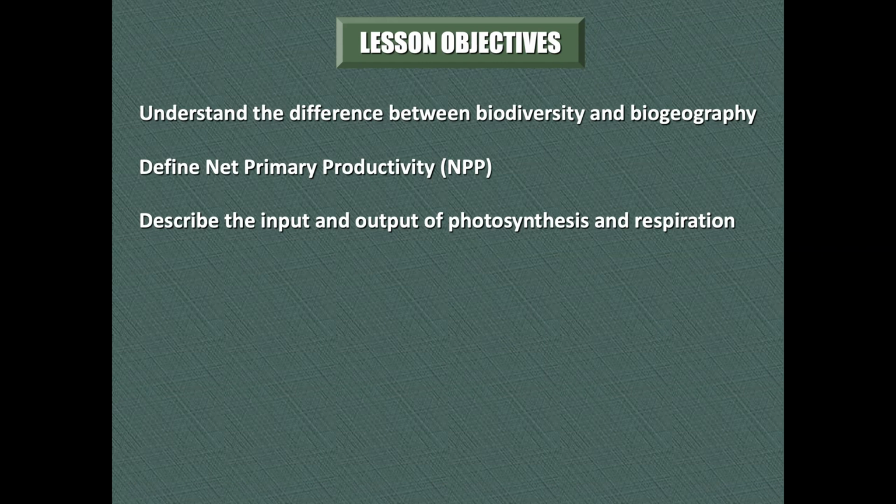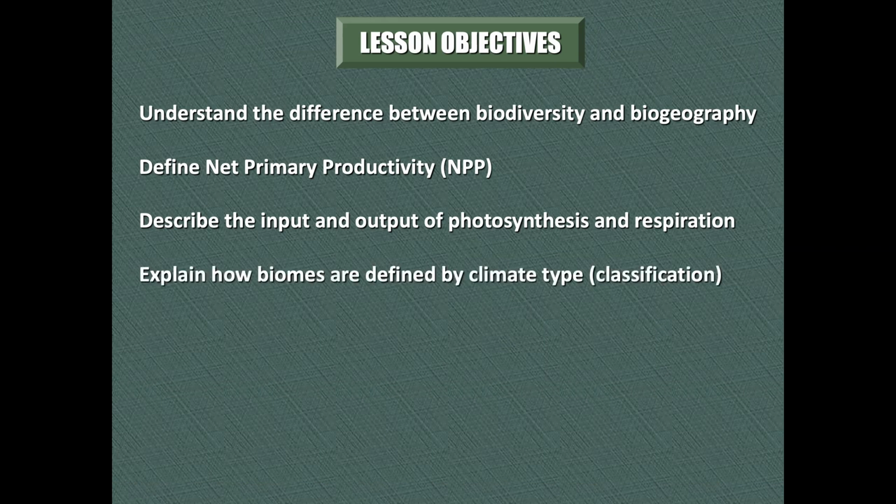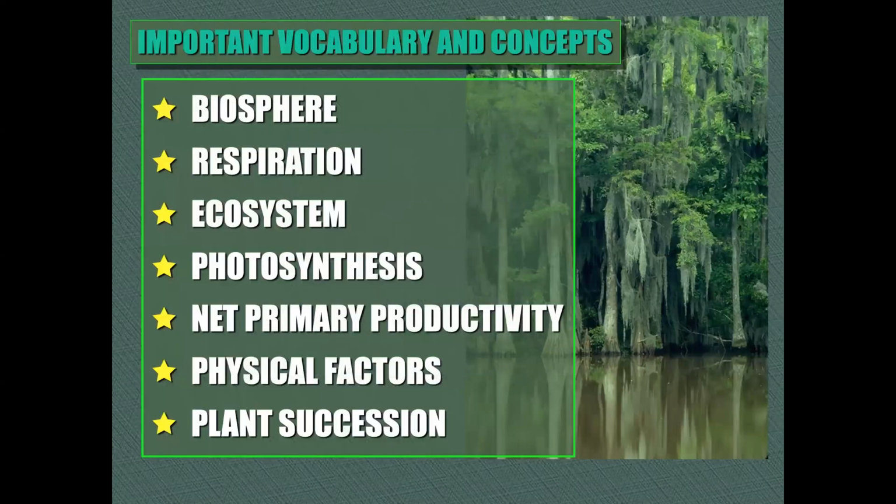And you need to understand what the difference between the two happens to be. Explain biomes as defined by climate. Remember the A, B, C, D, E climate classification system, and how biomes and NPP are related to one another.